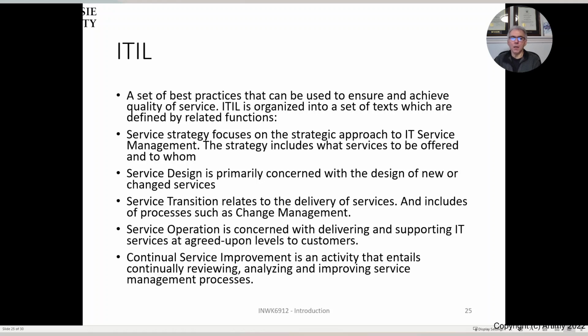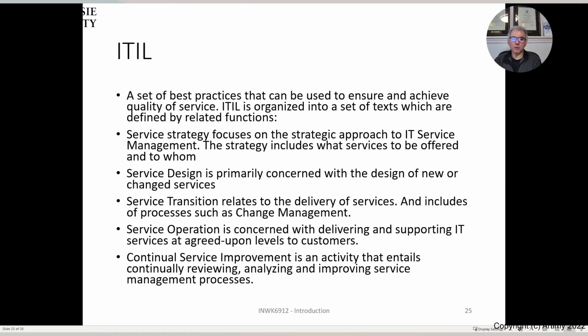Right? Then we have the service operation, which corresponds to delivering and supporting the IT services, or maintaining the service levels that we promised the users, right? So the network is supposed to deliver a certain level of performance to users, a certain level of quality. So service operation is concerned with that.